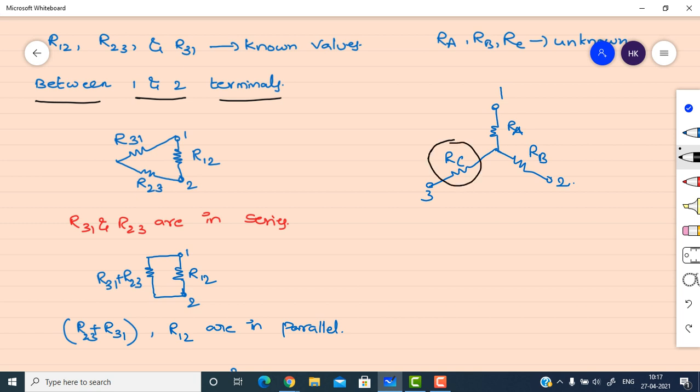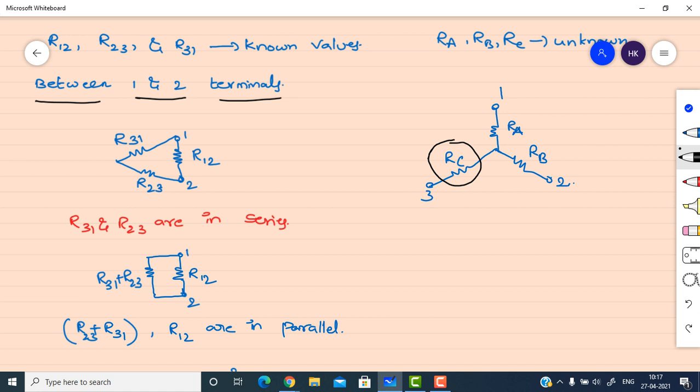If the current is not flowing in a particular resistor, then no need to consider that resistance while finding the equivalent resistance. So we are neglecting this resistance and we are finding the resistance between 1 and 2 terminals. So between 1 and 2 terminal means these two. This resistor is not there, RC resistor.